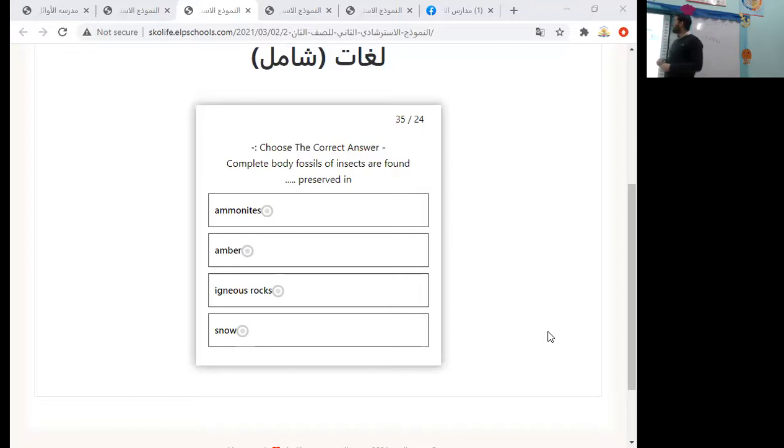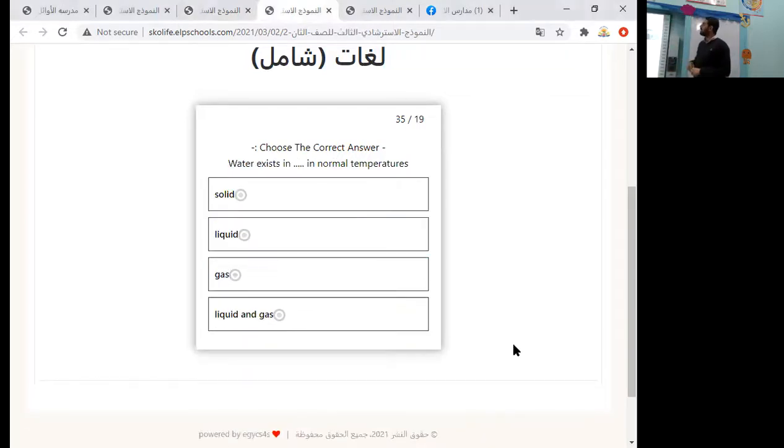So complete body fossils of insects are found preserved in amber, and they are called amber fossils.